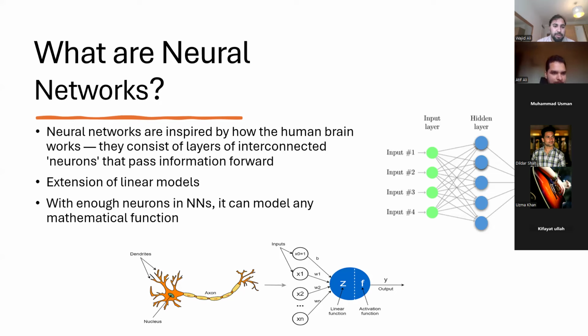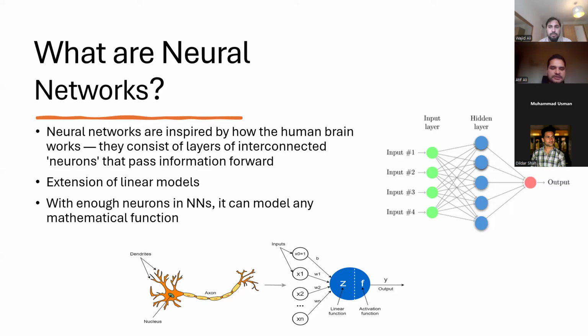Okay. So neural networks are inspired by how the human brain works. They consist of multiple layers of interconnected neurons that pass information. This is how a brain's neuron looks, and there are billions of neurons in our brains that send information to each other.